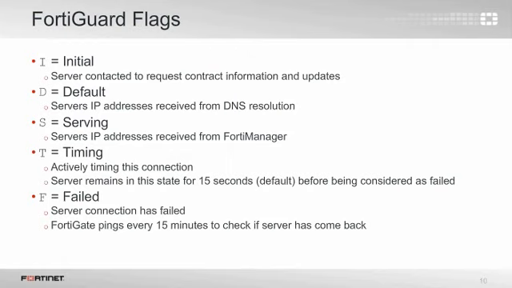If the administrator has not overwritten the FortiGuard fully qualified domain name or IP address in the FortiGuard configuration, there are usually 2 or 3 servers with this flag. S is the IP address FortiGate got from FortiManager. T is the server is not replying to FortiGate queries, and F is the server is down.